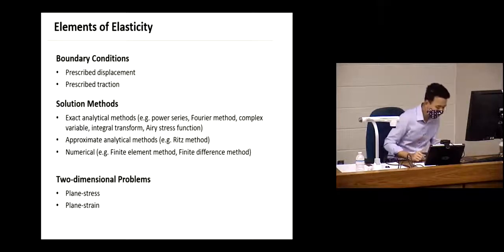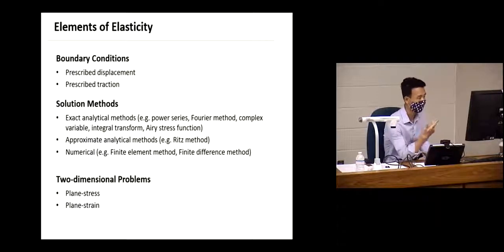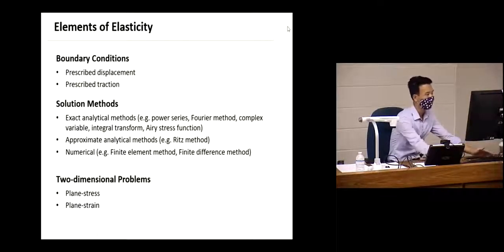So there's prescribed traction and prescribed displacement. That traction is another term for external force that we apply. Now, you're going to see all these terms when we go into finite element simulation. That's why I like to actually list all of them here, so you know what we mean.